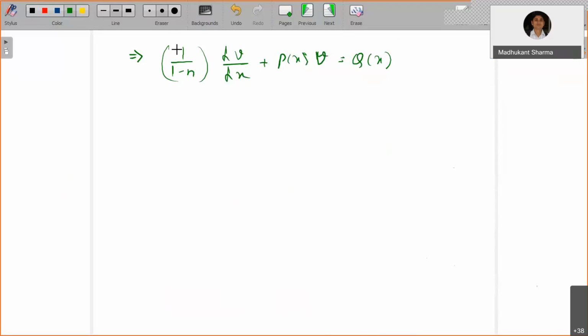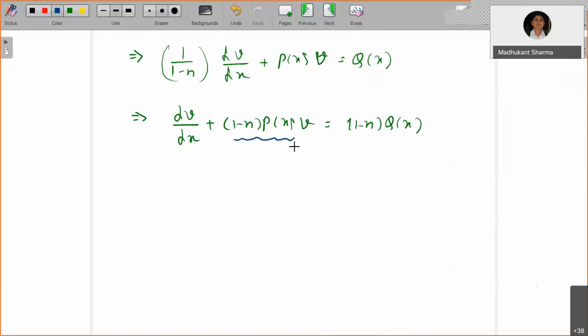Now you can get rid of this constant by multiplying by 1 minus n. What you will have is dv by dx plus 1 minus n times p of x times v equals 1 minus n times q of x. Multiplying by a constant will not change the role of the function of x on the left side, and also not on the right side, which is a function of x only.